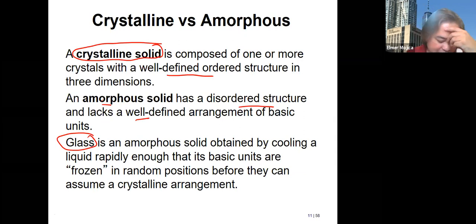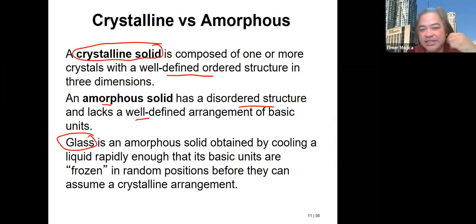But in some books, they even describe glass as not solid. In some book that I read, what is the physical state of glass? They describe it as a liquid. Why? Because they said it has the ability to flow. What is their evidence that glass is a viscous liquid?